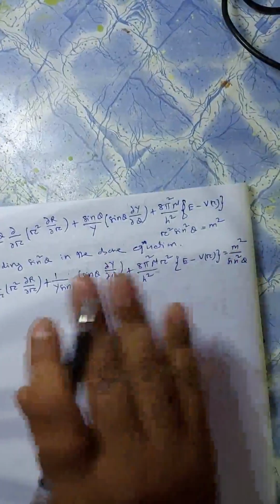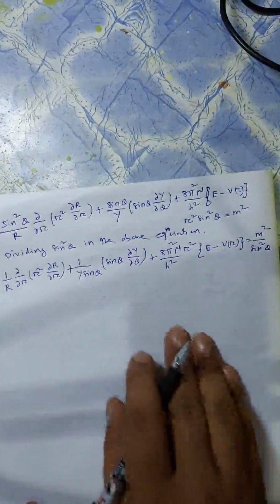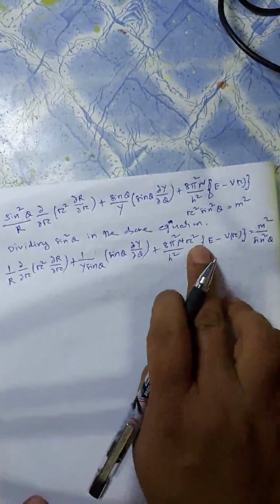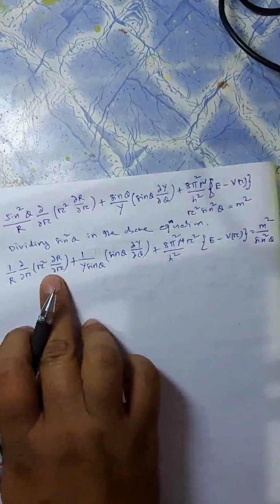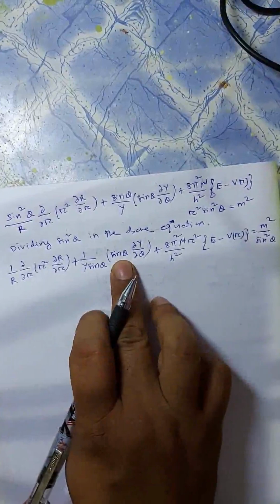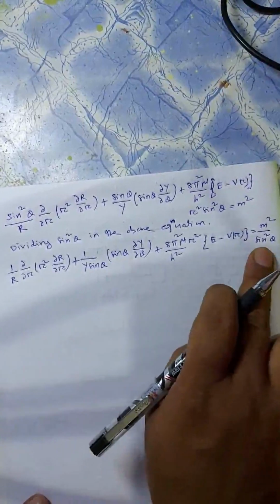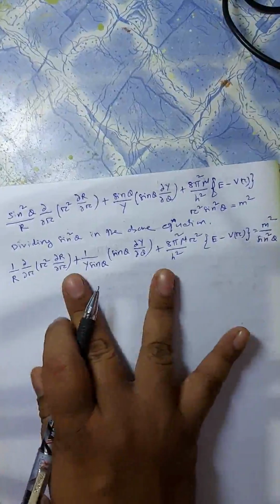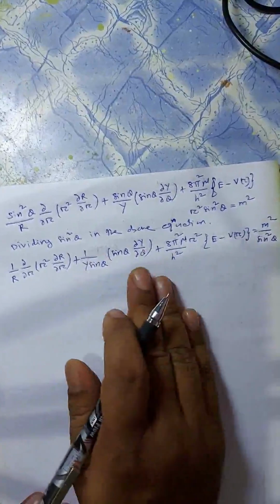We divide both sides by sine square theta. This is the equation. Here you see, this is a function of r, this is also a function of r, and this one is a function of theta, and this one is also a function of theta. You keep r on one side, take theta to that side.